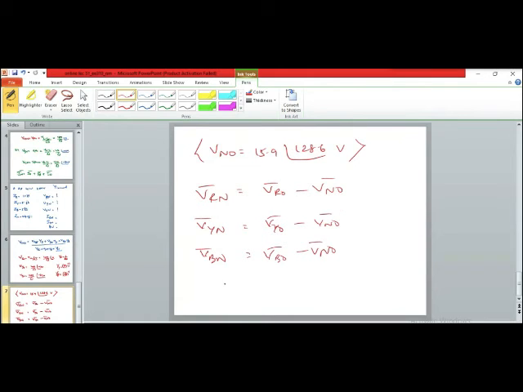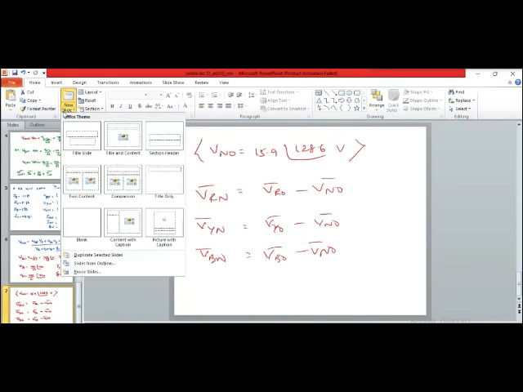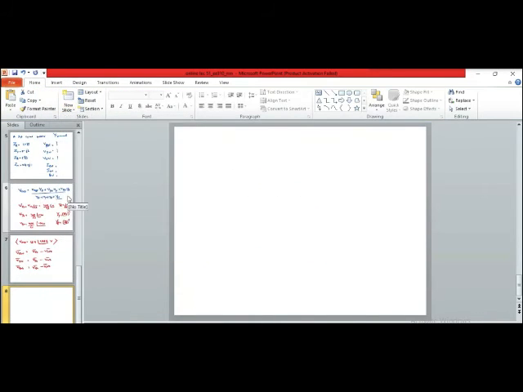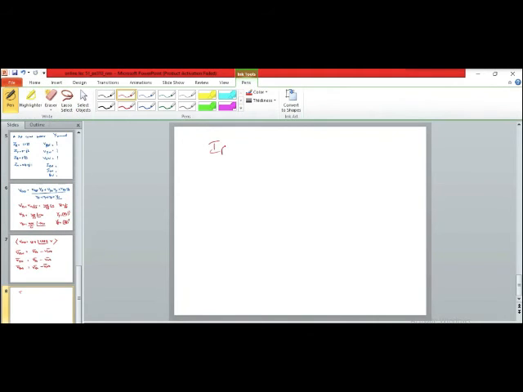After finding VRN, VYN, VBN, you can find the line phase currents easily, because you have the phase voltage. IR, that is IRN, is VRN by ZR. IYN is VYN divided by ZY.